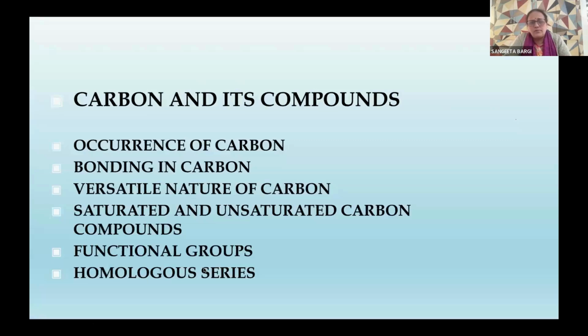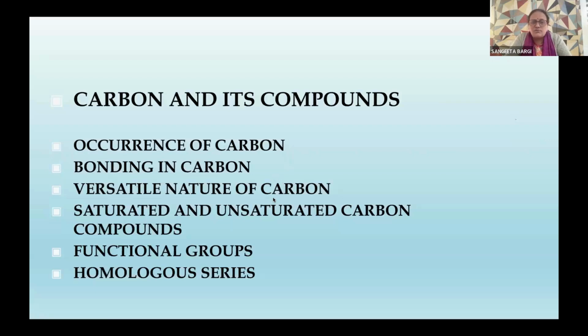Carbon and its compounds is a vast, long chapter where you need to be familiar with the occurrence of carbon, bonding, covalent bonding. How is it different from ionic bonds? Why is carbon considered to be a versatile element? What are the different types of compounds? Catenation and tetravalency, the two important properties that make it so.